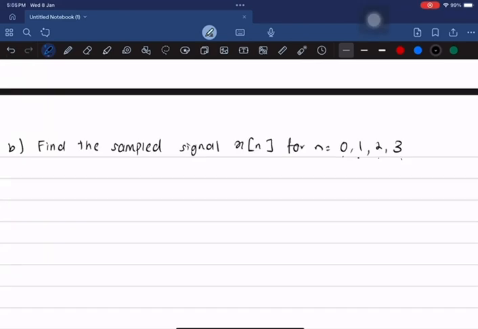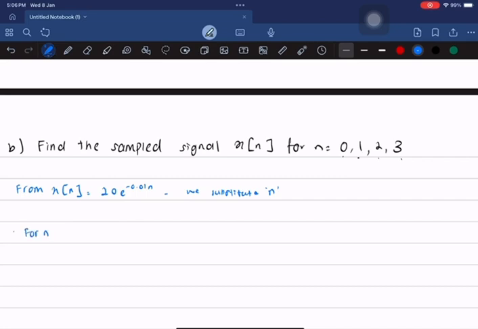Next, question B is to find the sampled signal x[n] for n equals 0, 1, 2 and 3. From x[n], we have 20 e^(−0.01n). We substitute the values of n.